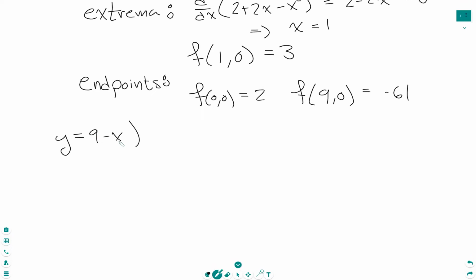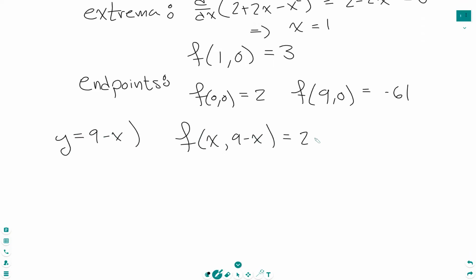You could solve for x and plug it into x, or you can leave it as is because it's already solved for y. So I'm going to plug that relationship into my function. So this is x, 9 minus x. If you did it the other way and solved for x, this would just become a function of y instead, and then you just take a y derivative instead of an x derivative. But we're going to go ahead and plug these in.